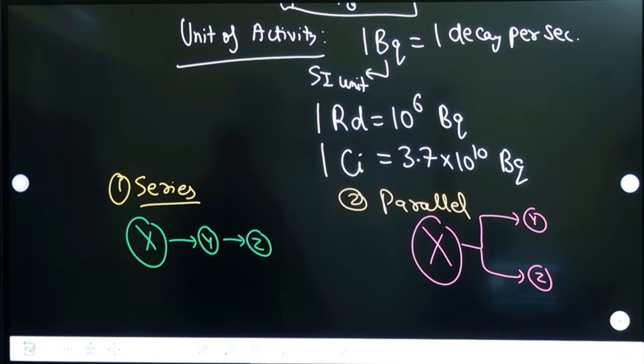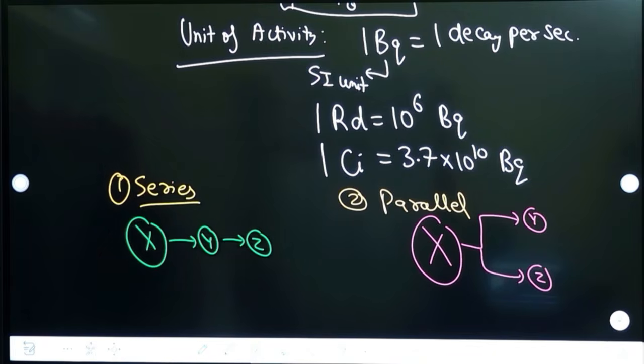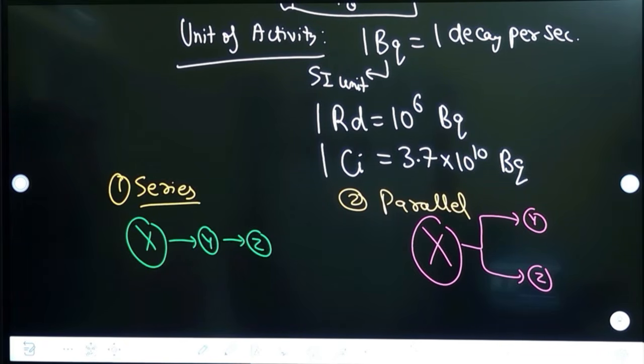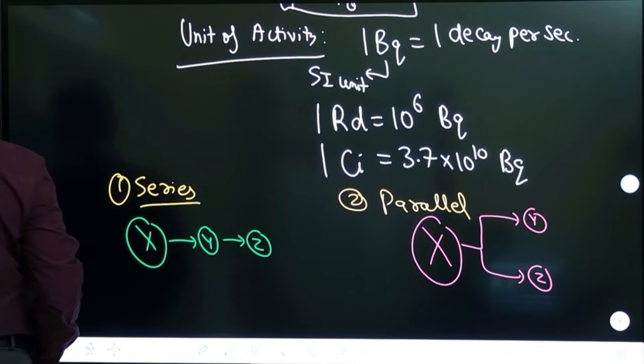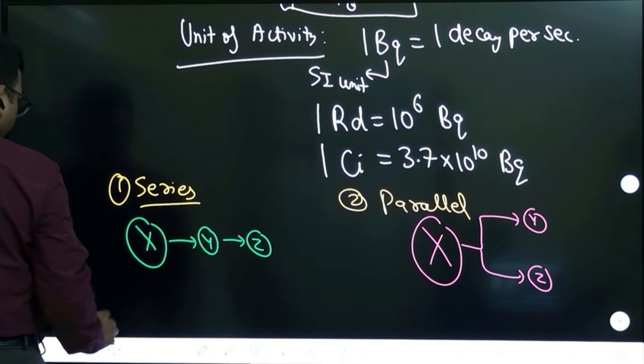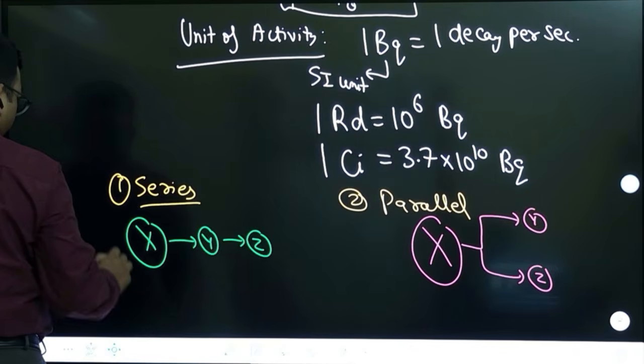Series and parallel decay, and there are some specific ways to calculate that. If a nucleus can decay simultaneously by many processes, that is parallel decay. Series decay is also possible here.